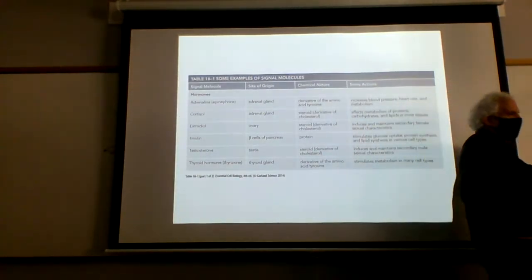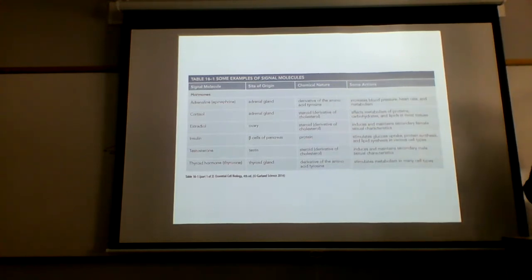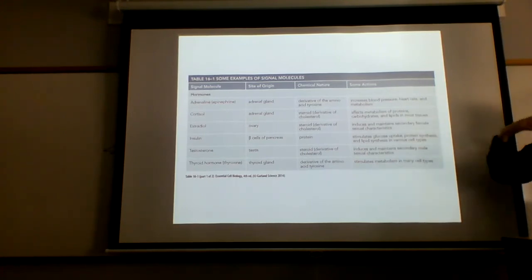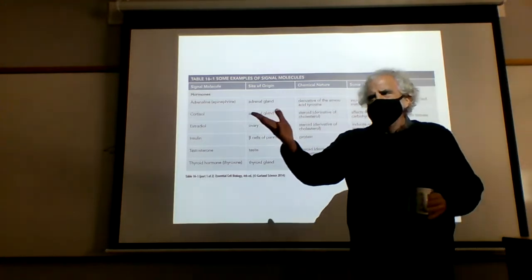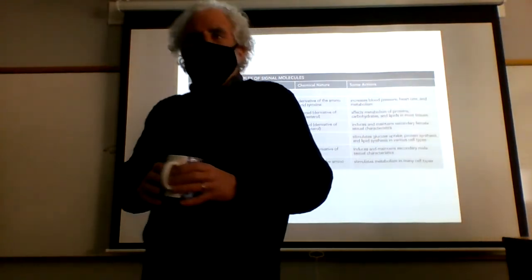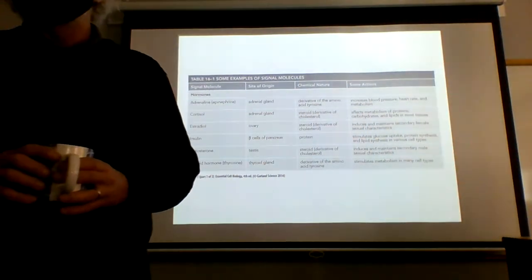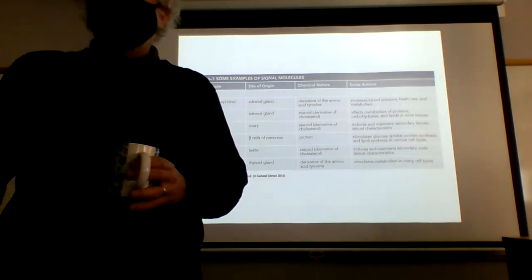All right, so let's see. Now, cortisol, this is a steroid. So it's going to affect lots of tissues, big, broad spectrum. How many of you ever watch House? It used to be a thing. I love House. Well, one of the first things House does is put them on steroids.